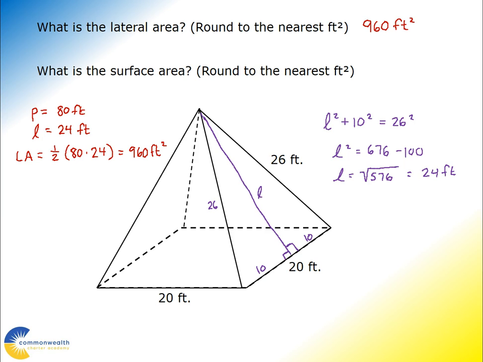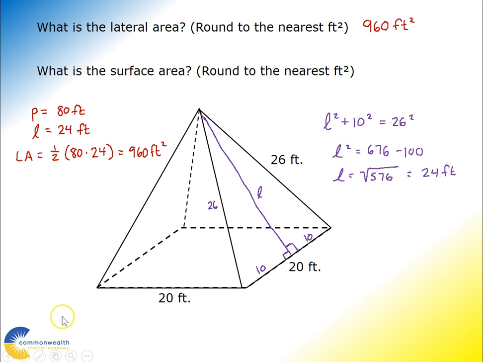The features of the square or whatever figures down here can also enter into it, but that gets to be more so when we have to deal with finding the area of the base and things of that nature. I perform that calculation. I get 960 square feet for the lateral area.